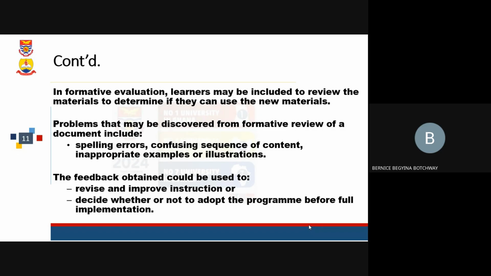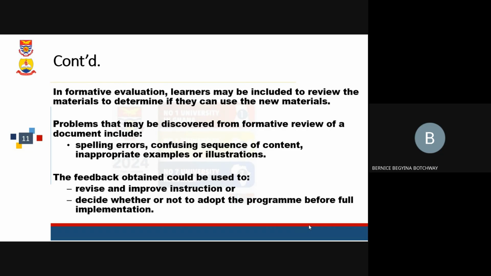So the teachers and the students will see some spelling errors, and then notify the supervisors or our headmasters to make sure that the experts developing the curriculum get to know these are some of the things we have seen, the spelling errors, and then they will correct it to make new ones.